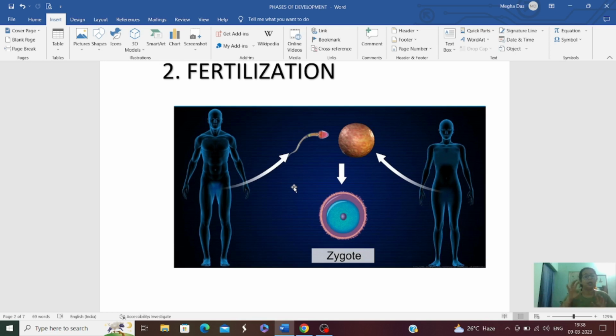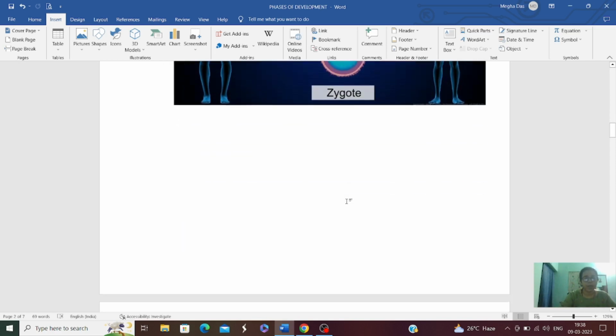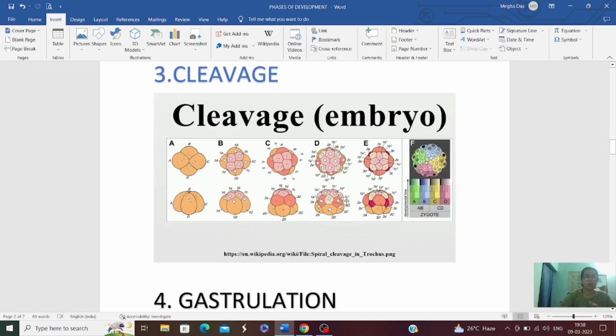But for now, fertilization is nothing but the fusion of the male and female pronucleus to form a 2n single cell, that is the zygote. Remember that the zygote is a single cell. Next, the third step is cleavage. Once the zygote is formed, it needs to divide, and a series of multiple divisions takes place.